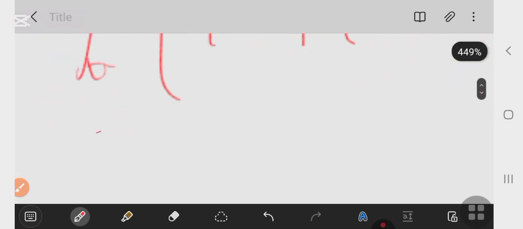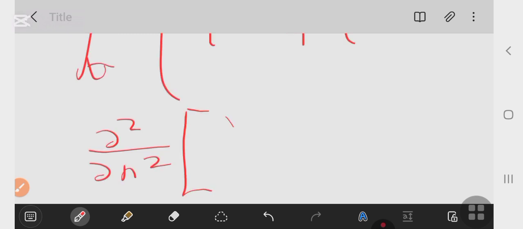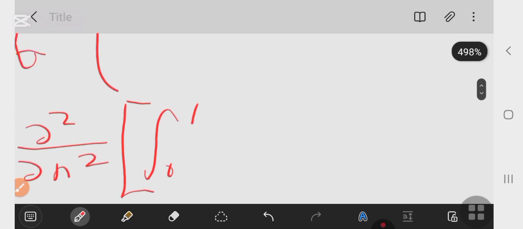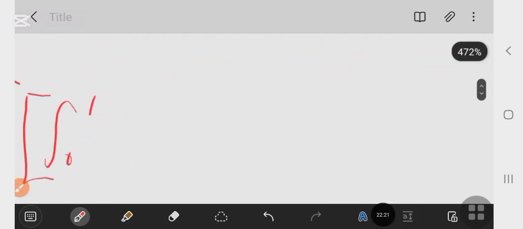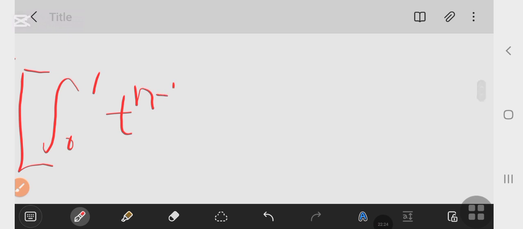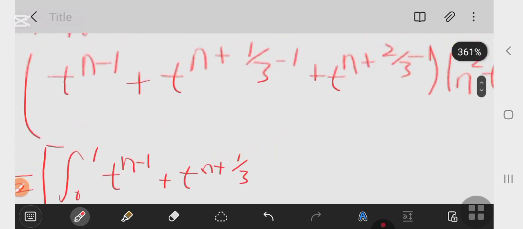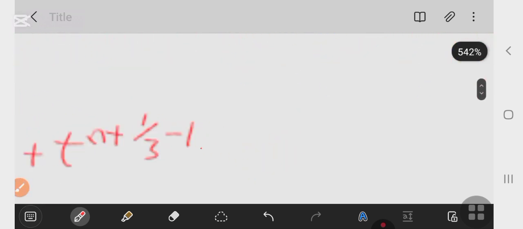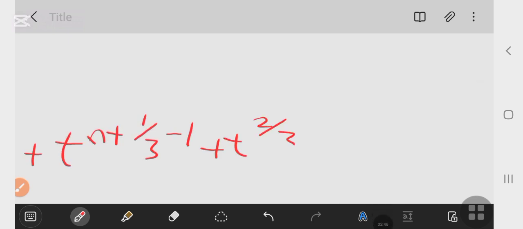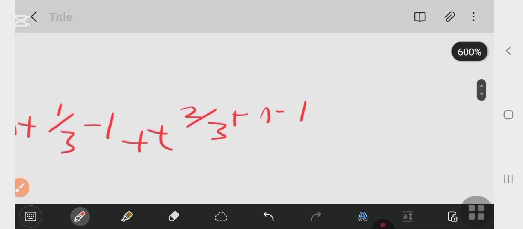I'll now apply Dirichlet's rule. I have d square over dn square all into the integral of t to the power of n minus 1 plus t to the power of n plus 1 over 3 minus 1 plus t to the power of 2 over 3 plus n minus 1, dt.